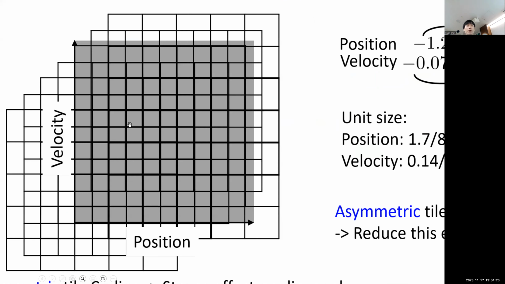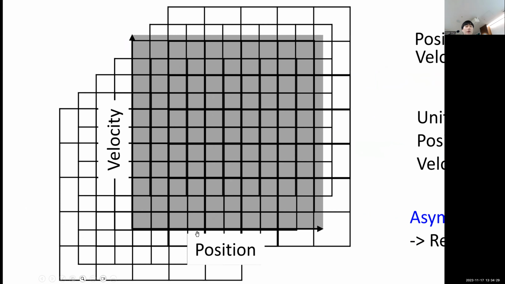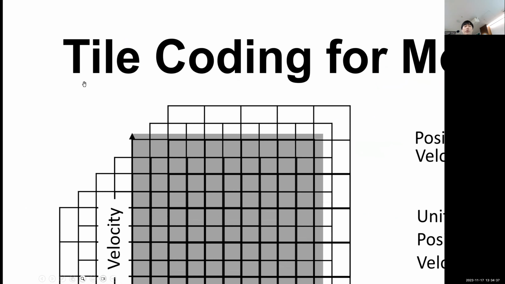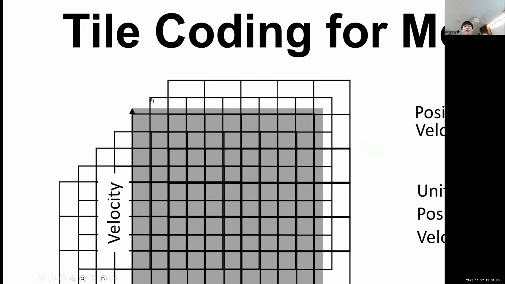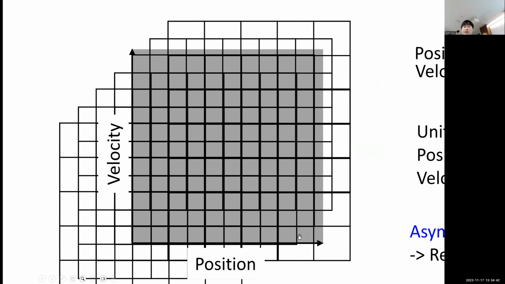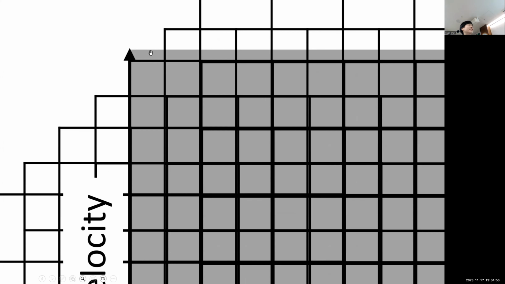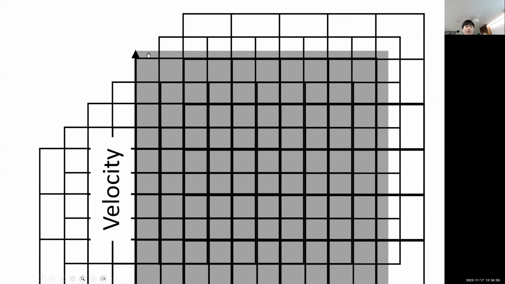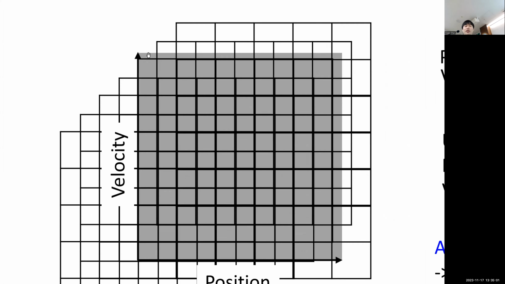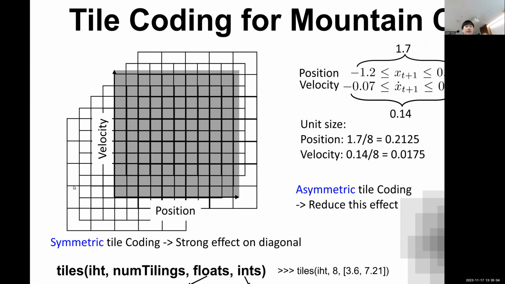If you look here, as I mentioned already, the x-axis can be the position and the y-axis can be velocity. Then we use 8 tilings here. If you count, 1, 2, 3, 4, 5, 6, 7, and there's another tiling located here, 8. In this demo, there's a small space I couldn't cover, located here, but it is just an example of how we can build the tilings.